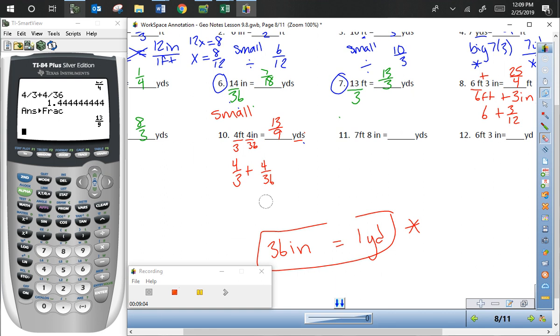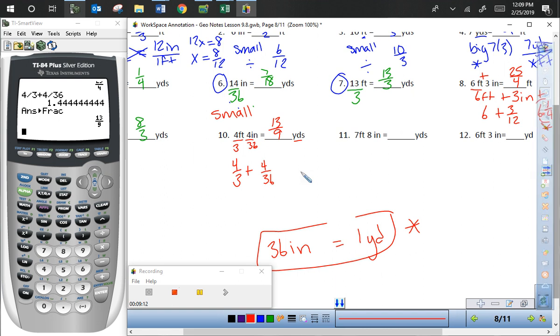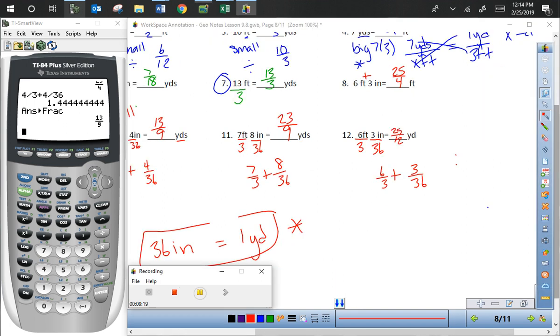If for any reason you're unable to change those and you can't find the correct buttons, come see me, and I will help you work that on your calculator. Okay, I want you to pause the video and then go ahead and try those last 2 for me. All right, so 23 over 9 for number 11, 25 over 12 for number 12.